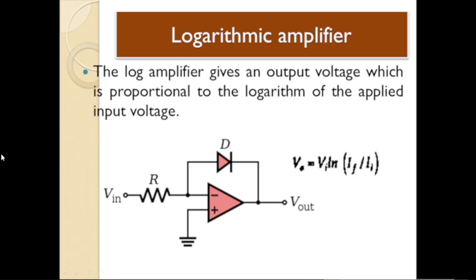In case of the logarithmic as well as the exponential circuit we use a diode instead of the feedback resistance. So here the output is the log of the input voltage or input current. Output voltage is equal to V in log of feedback current to the input current.